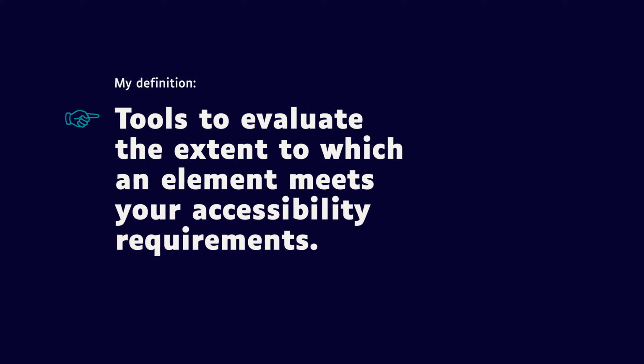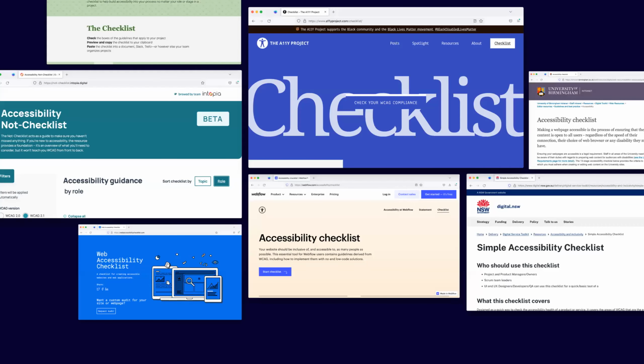And nowadays, accessibility checklists seem to be quite fashionable, because you will find various checklists from many different types of organizations, including consultancies. I have this example from Intopia, for instance, the accessibility checklist.